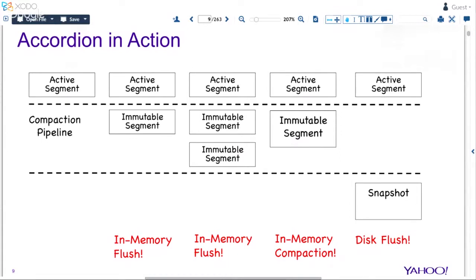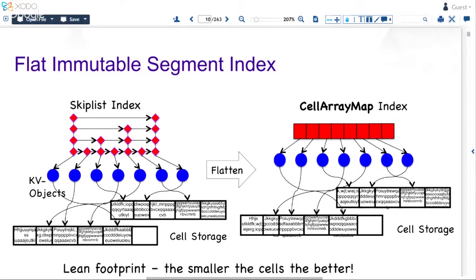So these processes of in-memory compaction and on-disk flush are largely independent. They need to synchronize from time to time, of course, but we can manage the pipeline in a pretty independent way.